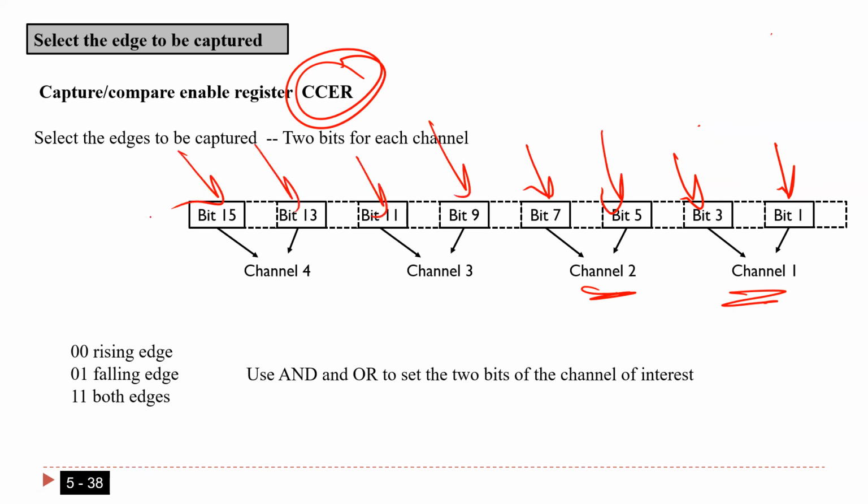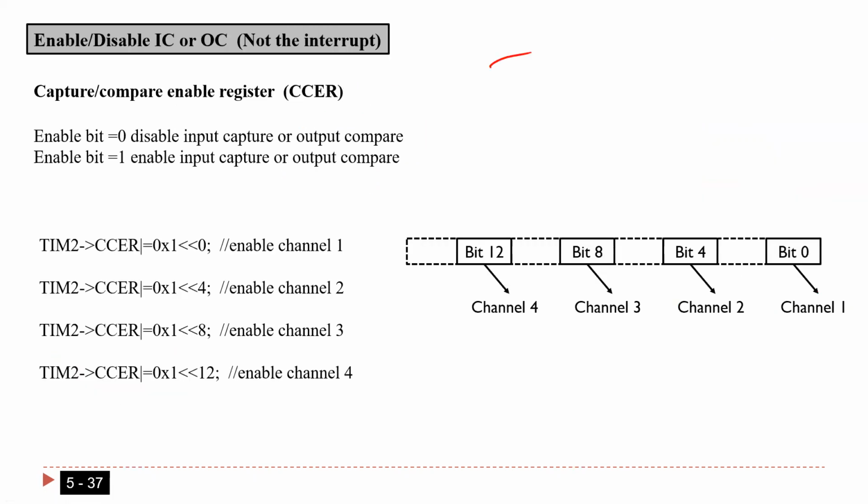All you have to do is that if you want to capture only rising, just put 0, 0 in these 2 bits. If you want to capture only falling, put 0, 1. If you want to capture both, put 1, 1. Easy, right? Any questions? What else can I do? Again, it's very easy, but I understand it's too many things. That's okay. Too many registers, too many things.